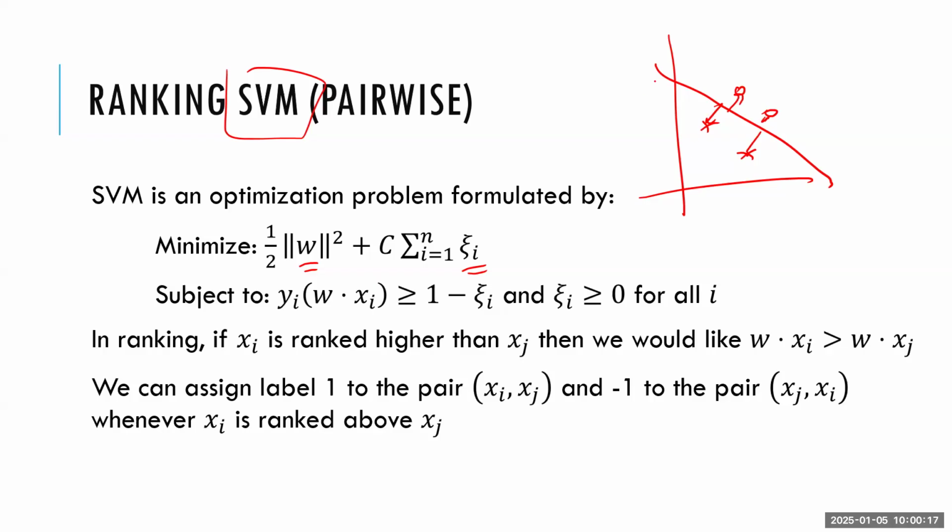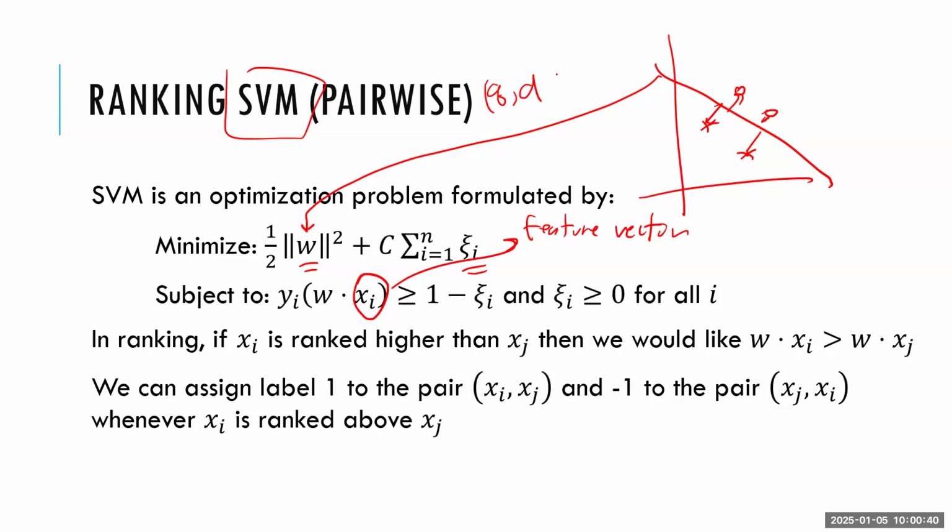So this line is described by the weight W, right? This X is our feature vector. So if we have a query document pair, you convert it into a feature vector, right? And then for the class, maybe you can do a binary label, like relevant or not relevant.